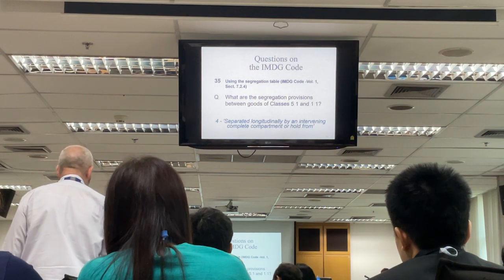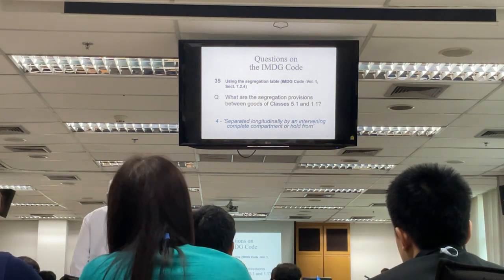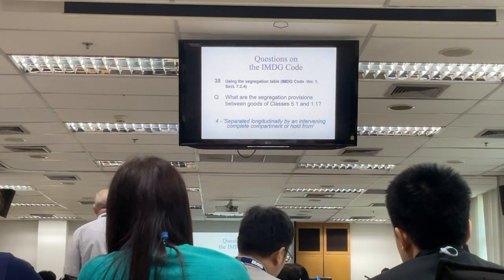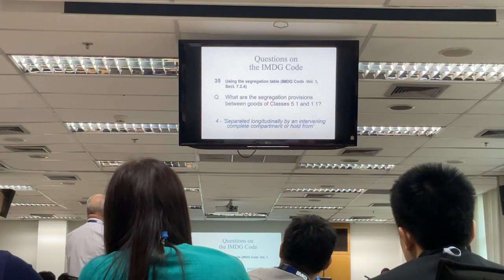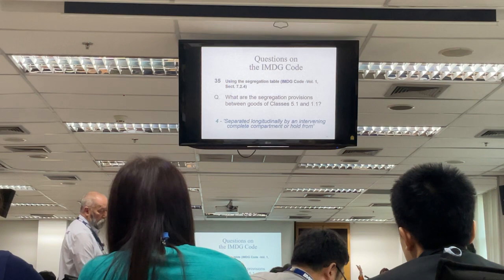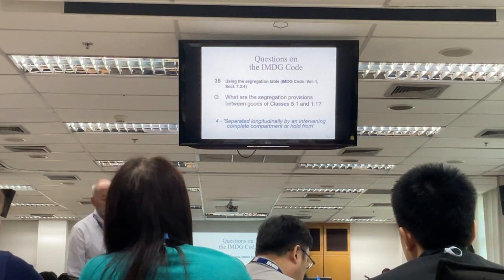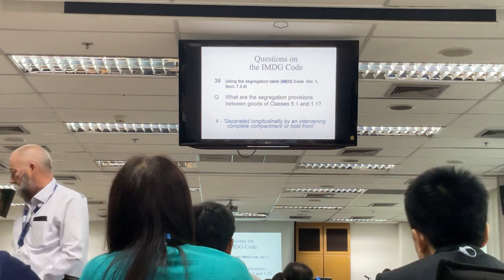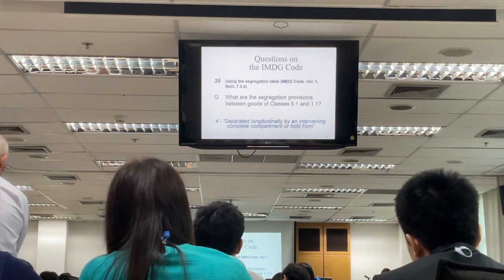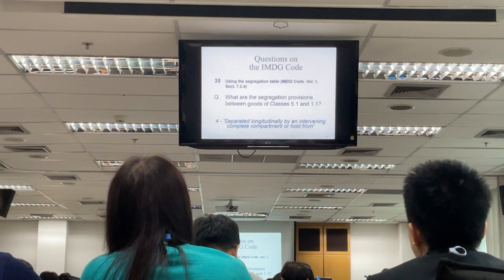What is 1.1? Class 1.1? Explosives, and also the most dangerous of the explosives because mass explosion occurs. And class 5.1 yields oxygen. So they are really, really very dangerous together.